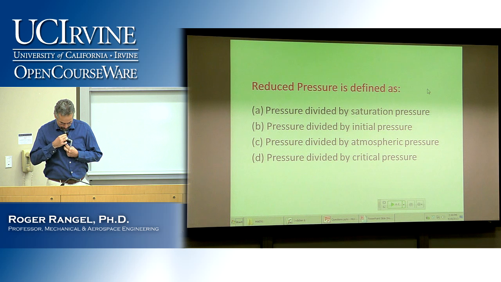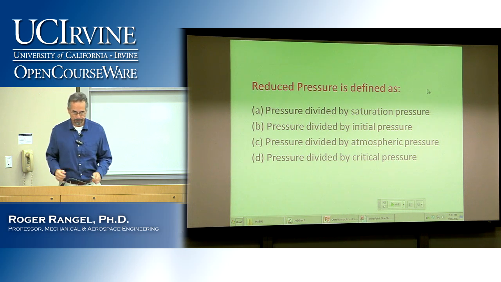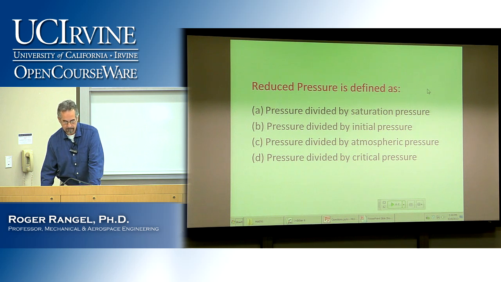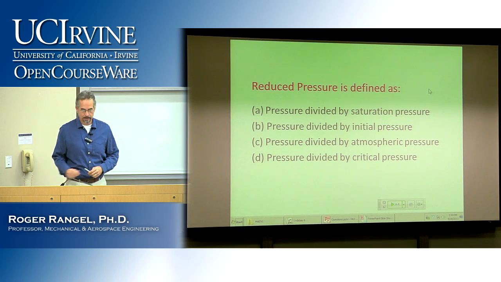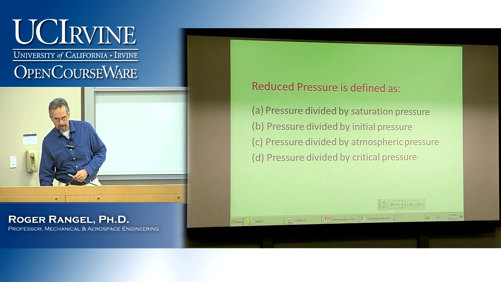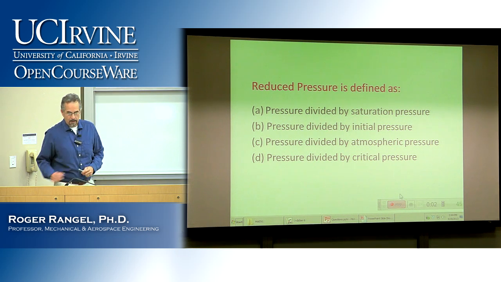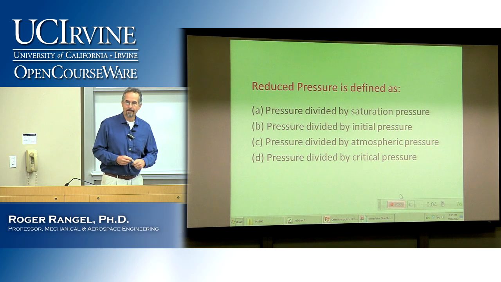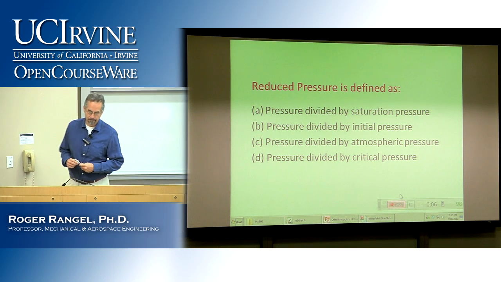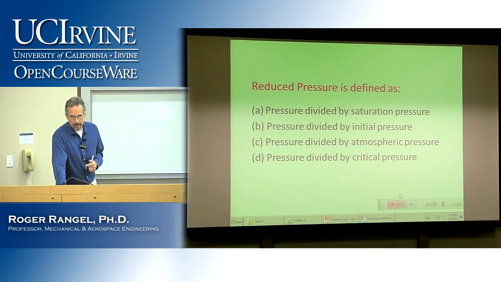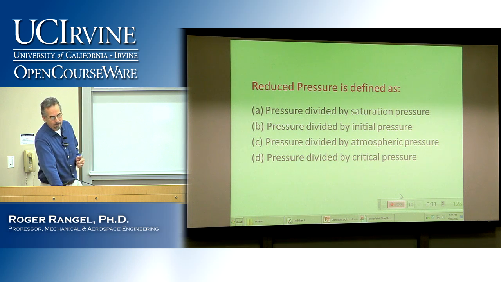So what is the definition of reduced pressure? This is from last time, from the last lecture. So I'll start it right now. What is reduced pressure? Is it pressure divided by saturation pressure? Is it pressure divided by initial pressure?